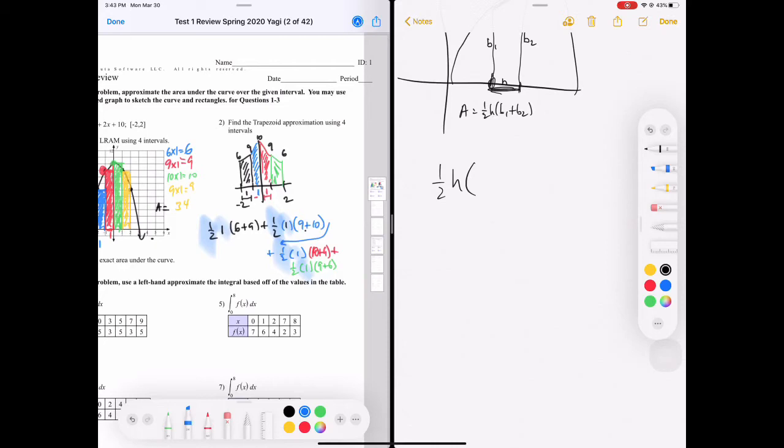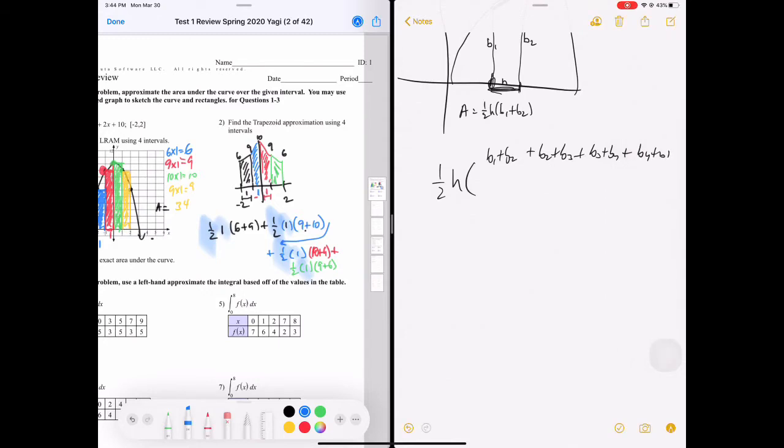We have on the top b1 plus b2 plus b2 plus b3 plus b3 plus b4 plus b4 plus b5. I have 2, 2, 2. We end up saying b1 plus 2b2 because we have 2 b2s. We have 2 b3s. We have actually 2 of all the middle numbers. 2b4. And we only have 1 of the beginning and last numbers.